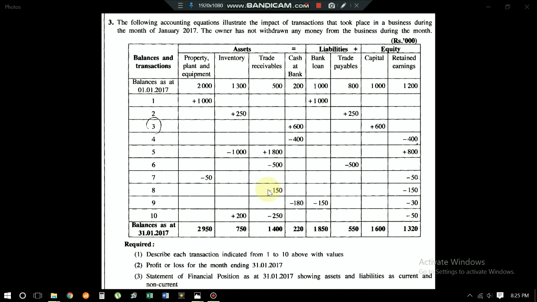In transaction number 1, it says PPE has gone up as well as the long-term liability, bank loan, has gone up. So I can say simply, my liabilities can be changed due to two reasons. Liabilities can be increased due to obtaining a loan, or liabilities can go down due to settlement.